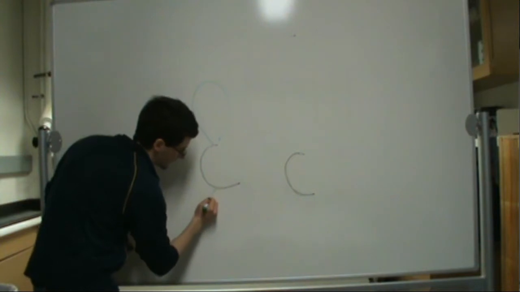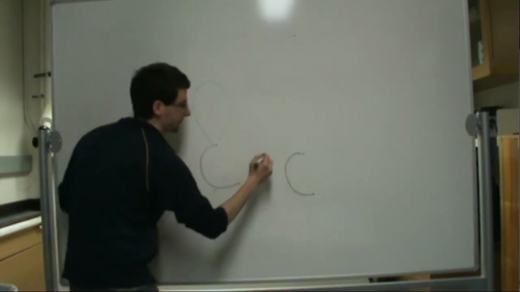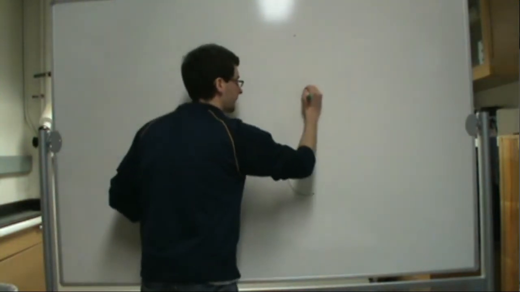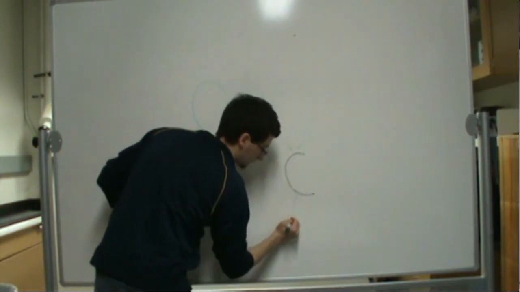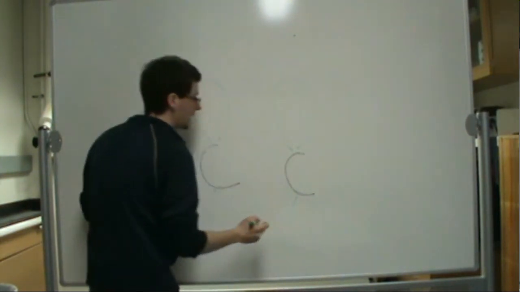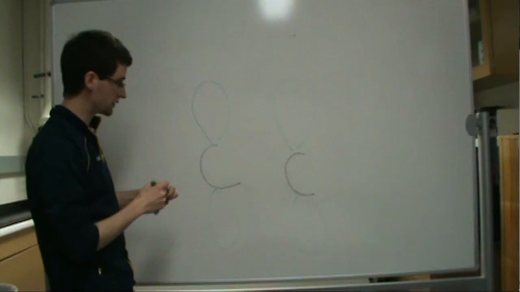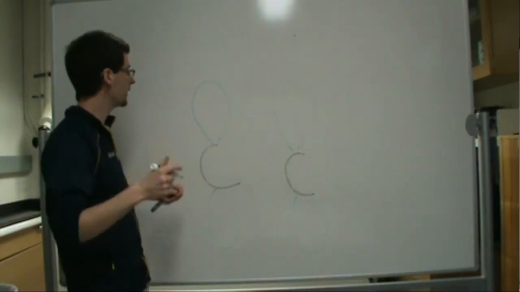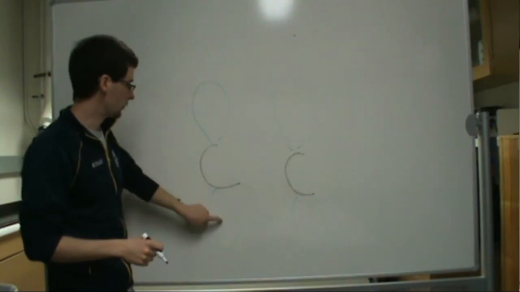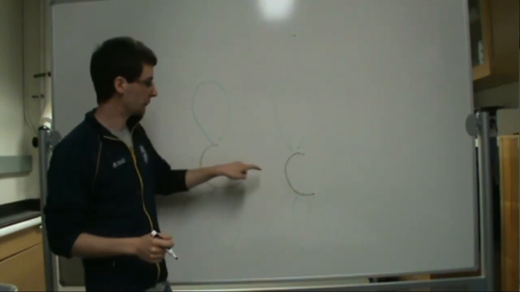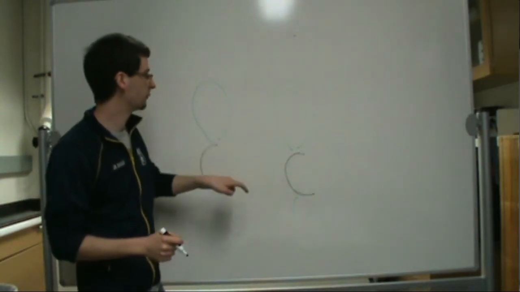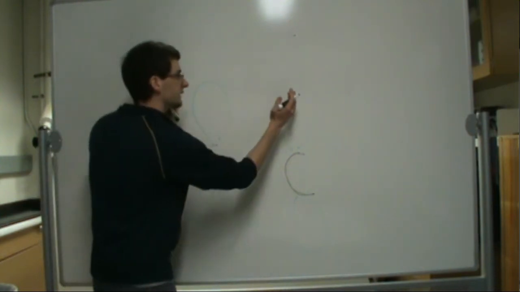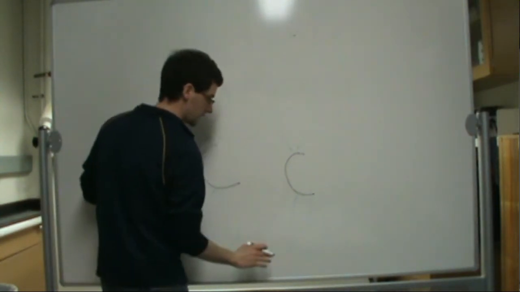And I over-exaggerate these quite a bit. And what happens is there's overlap between these two p orbitals. So we have one p orbital localized on, we'll call this carbon number 1, and one p orbital localized on carbon number 2. What happens is there's overlap in 2 regions.